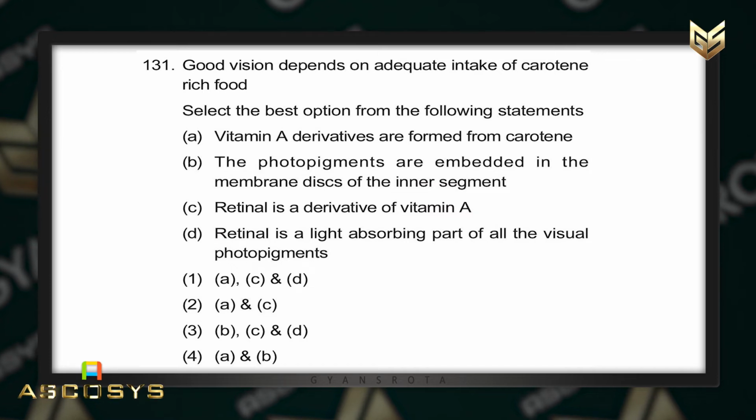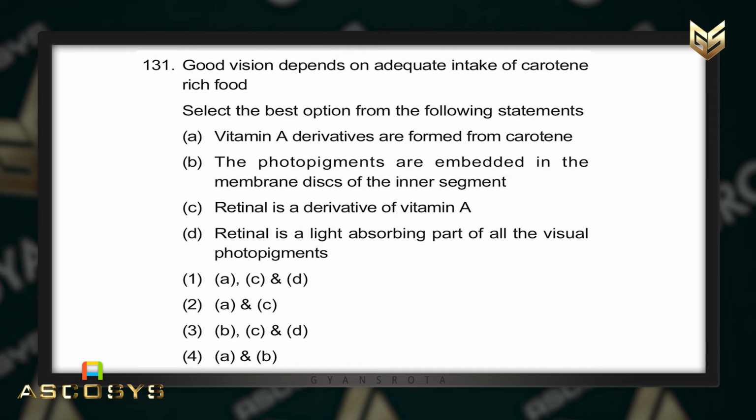Option number B is the photopigments are embedded in the membrane discs of the inner segment. Then option number C is retinal is a derivative of vitamin A, and the fourth statement is retinal is a light absorbing part of all the visual photopigments.